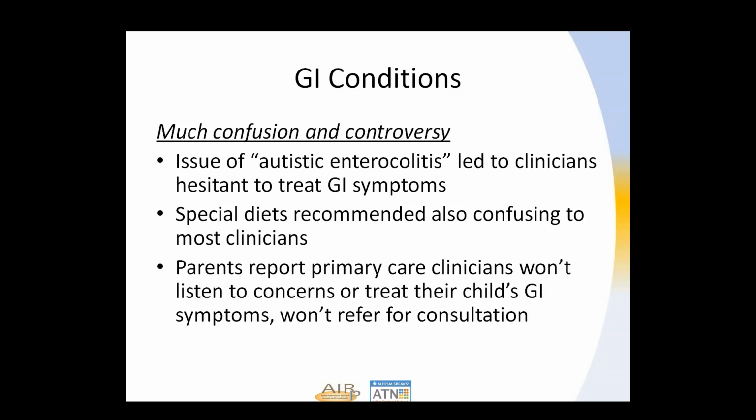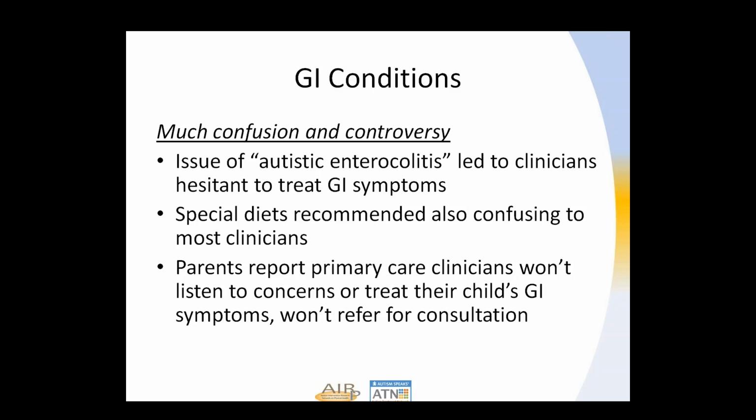There was some difficulty in other medical centers duplicating the findings that had been reported, but the fact that there might be some unique autistic enterocolitis led to a lot of primary care doctors being hesitant to treat the GI symptoms because they thought perhaps there's something more unique here and I shouldn't be trying to deal with it as I usually would.